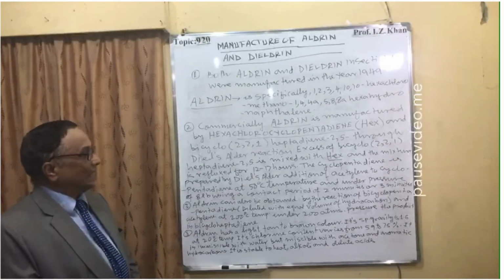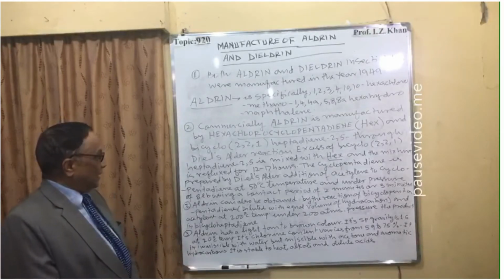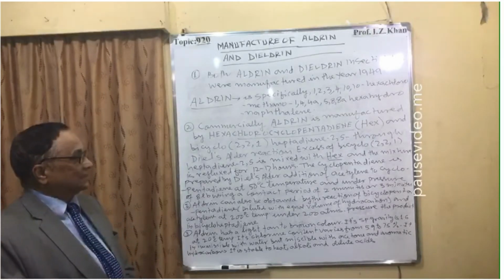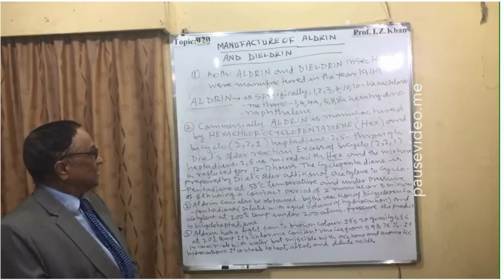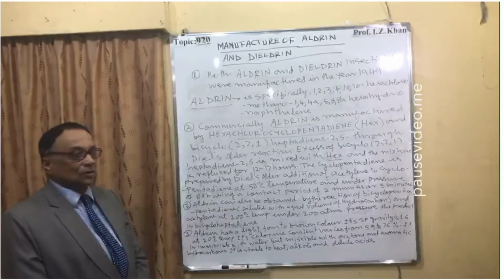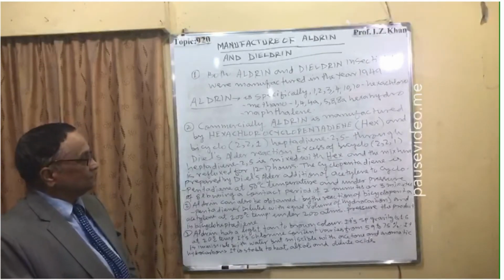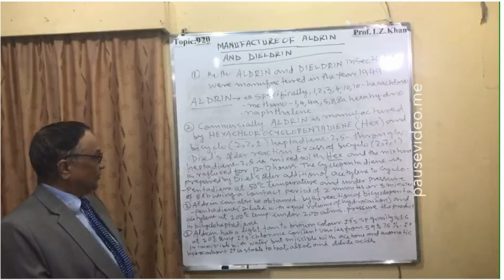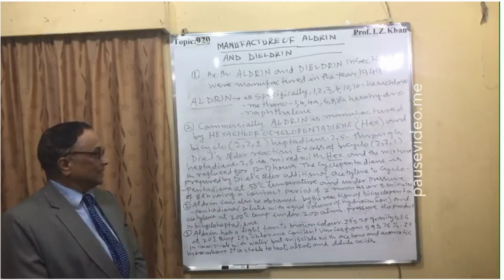The excess of bicyclo 221 heptadiene 25 is mixed with hex. Hex means hexachlorocyclopentadiene, and the mixture is refluxed for 12 to 17 hours.